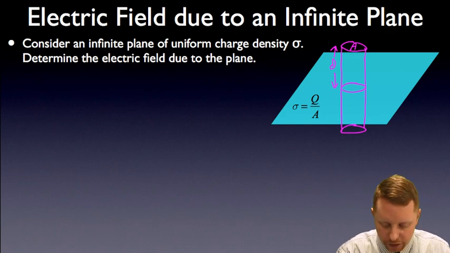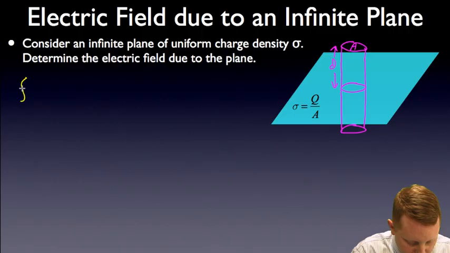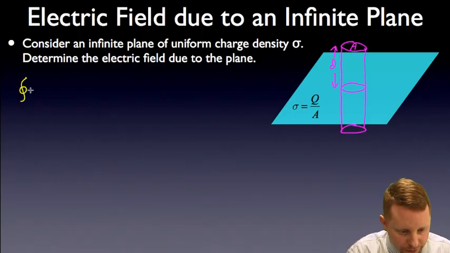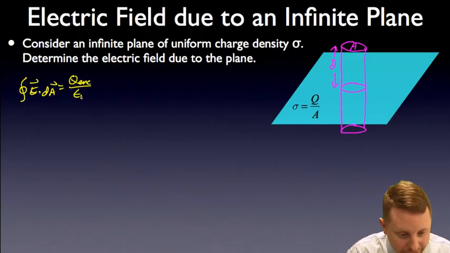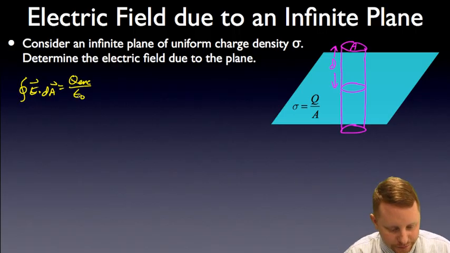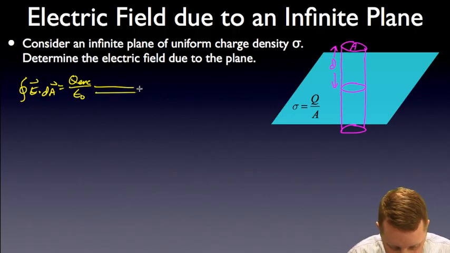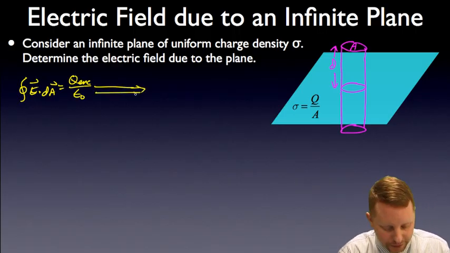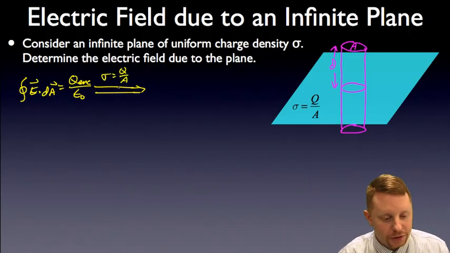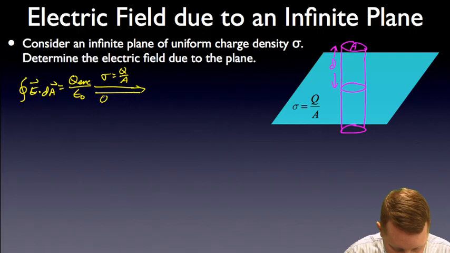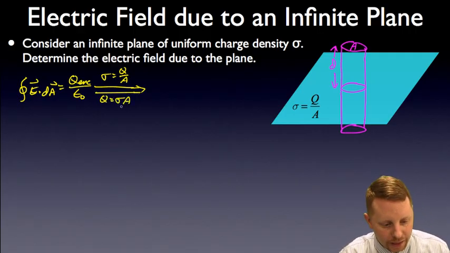So let's go to Gauss's law, the integral over the closed surface of E dot dA equals the enclosed charge divided by epsilon naught. Now, to help us out here, we can define sigma as equal to Q over A, a surface charge density, so that Q must be sigma times the area.